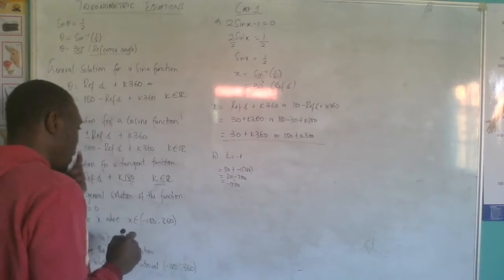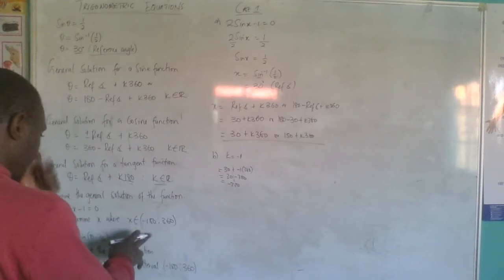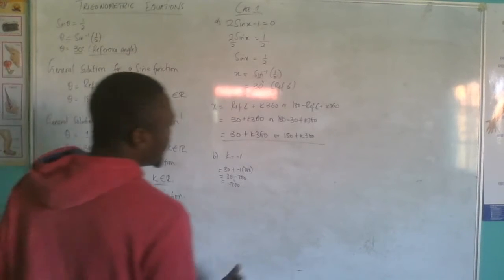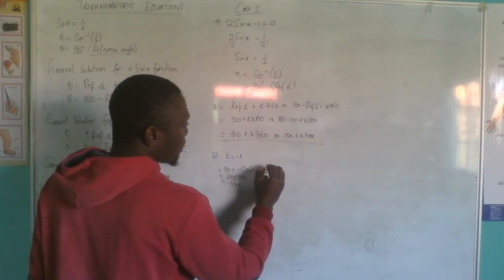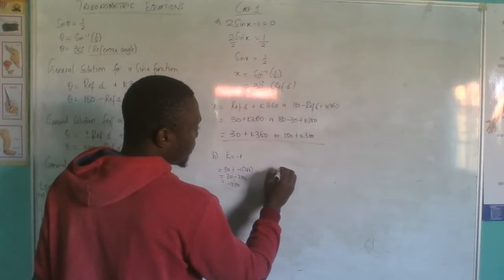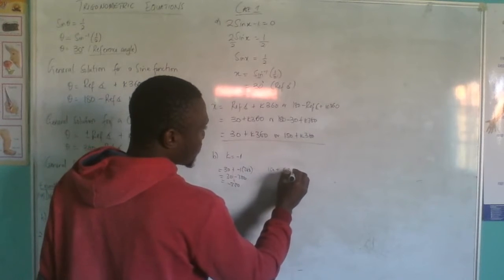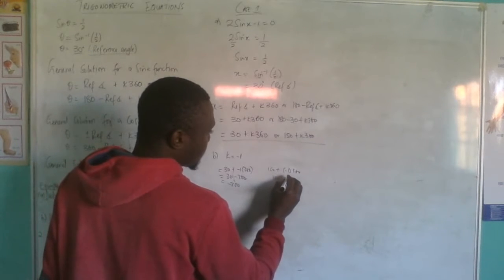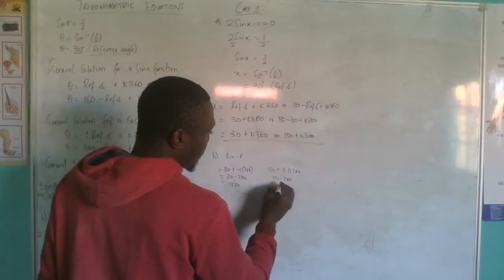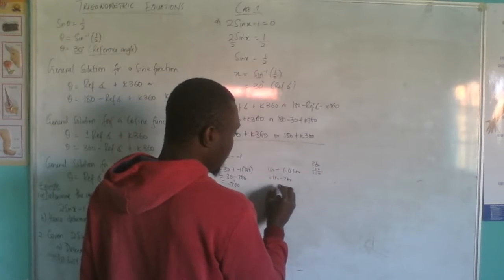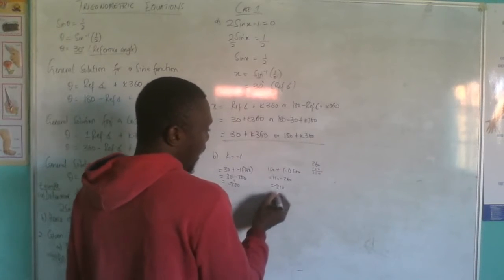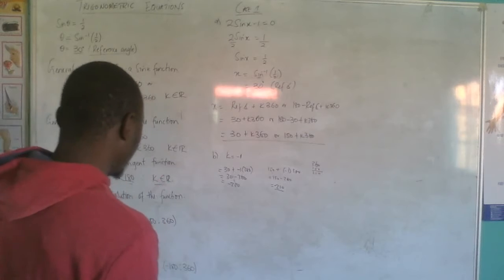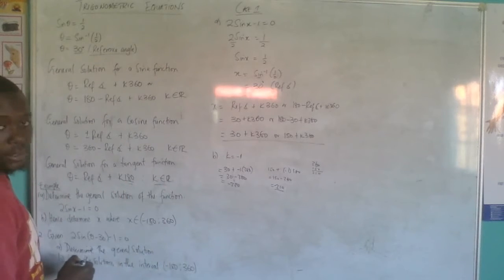So that one is also out, because it's less than negative 180. Then I'll use the other one, which is 150 plus k times 360, with k as -1. So it will be 150 minus 360. From your calculator, what do you get? It's negative 210, and this one is also much smaller than negative 180.